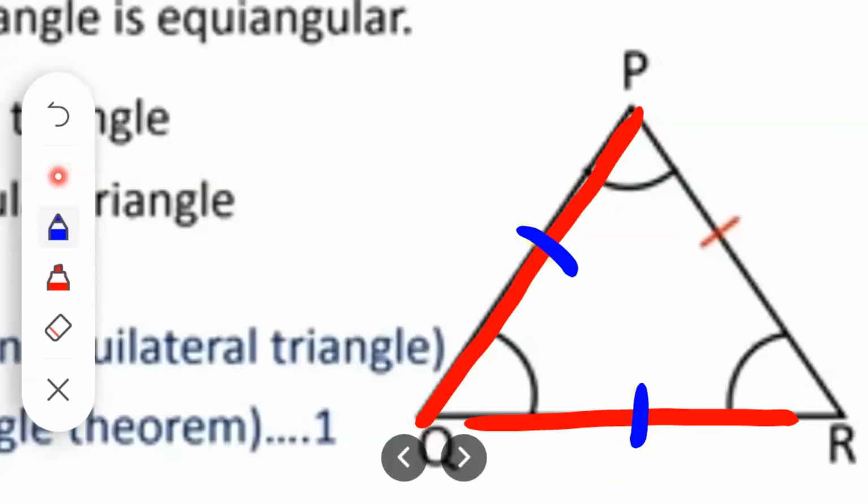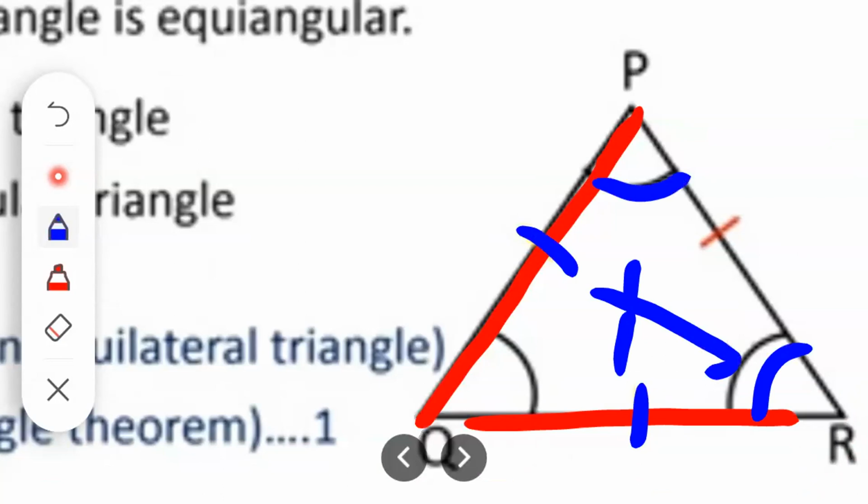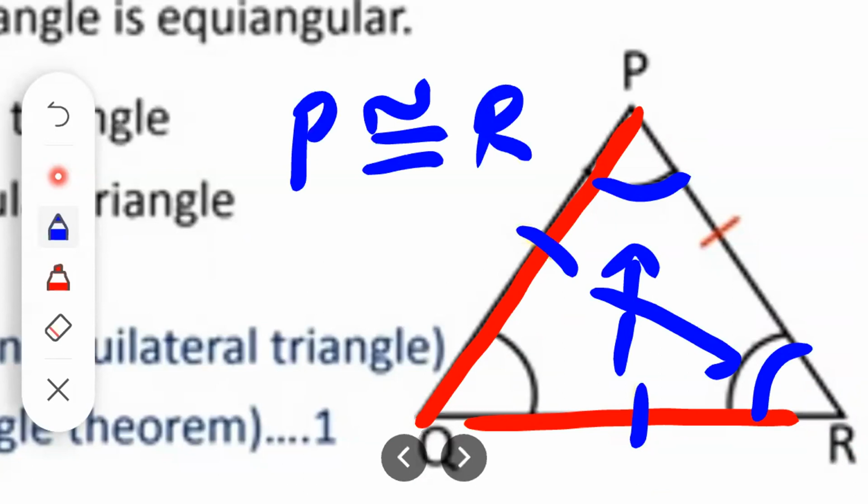Now the angle opposite to this side is which angle? Angle R. And the angle opposite to this side is which one? Angle P. So both these angles will be congruent, P congruent with R.